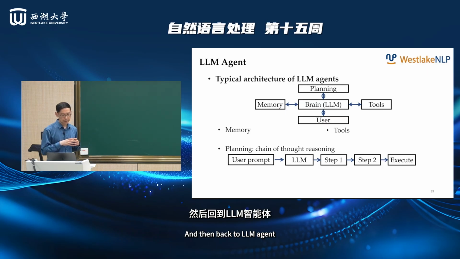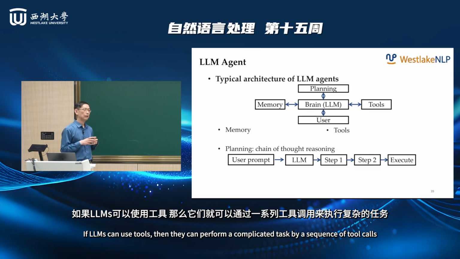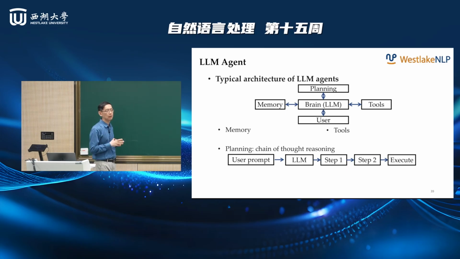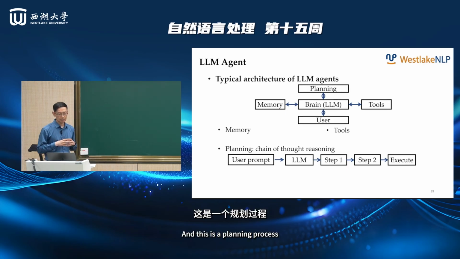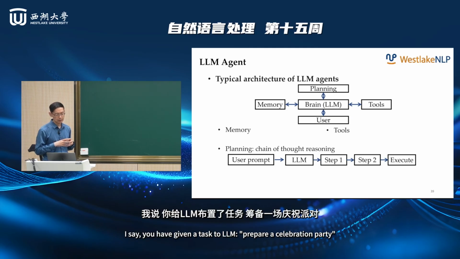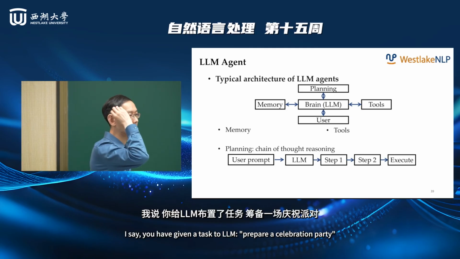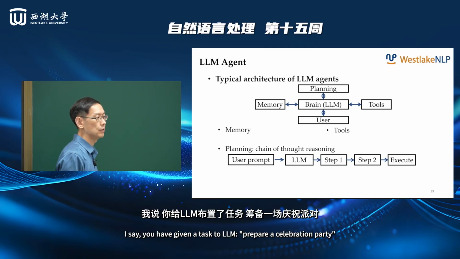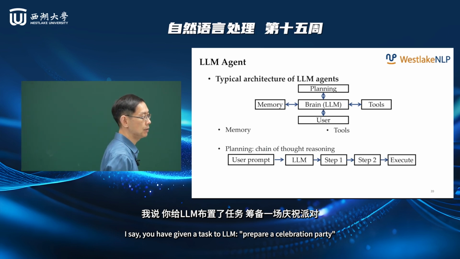And then, now back to LLM agents. If LLMs can use tools, okay, then they can perform a complicated task by a sequence of tool calls. And this is a planning process, okay? You give a task to the LLM, prepare a celebration party.